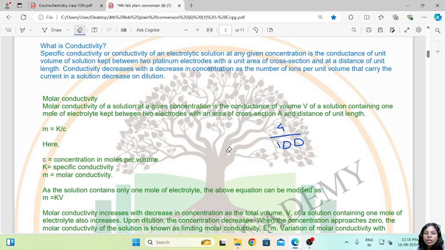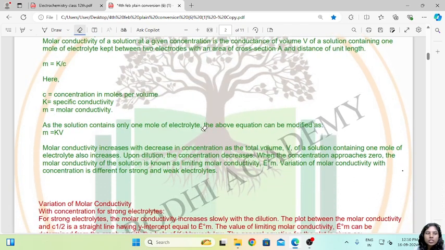When we talk in terms of conductivity or specific conductance, it increases with increase in concentration. Whereas molar conductivity decreases with increase in concentration, or increases with decrease in concentration.